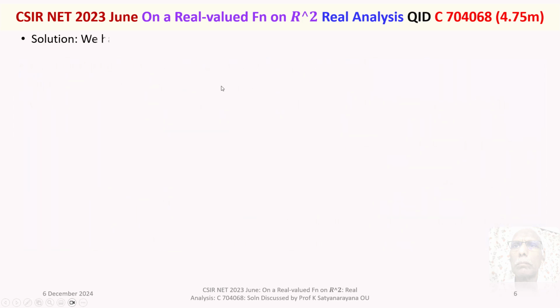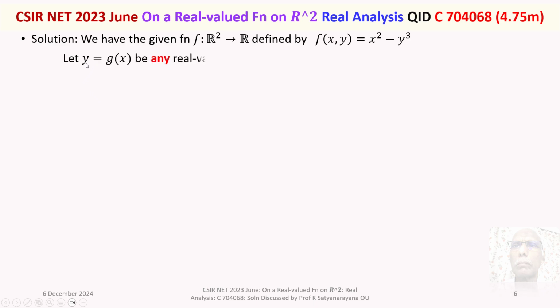Let's now discuss the solution of the problem in detail. We have the given function f from R square to R defined by f of x comma y is equal to x square minus y cube. Let y is equal to g of x be any real valued function such that f of x comma g of x is equal to 0.